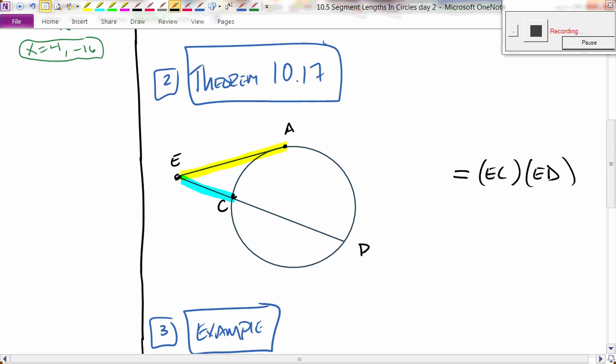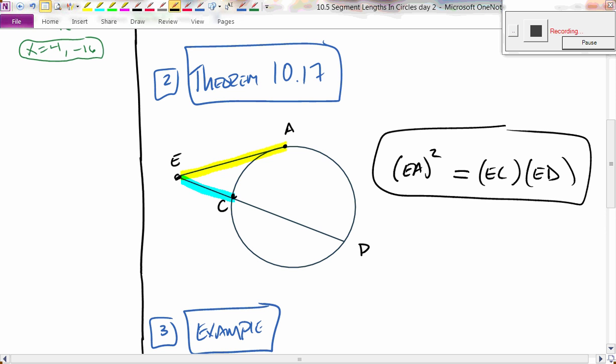AE times what? There's no more to it. Yes, it's just EA squared. Since there's no other piece to multiply by, we just multiply it by itself. So we got EA squared equals EC times ED.